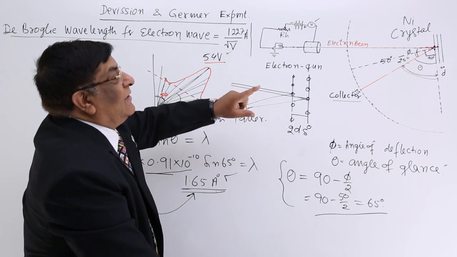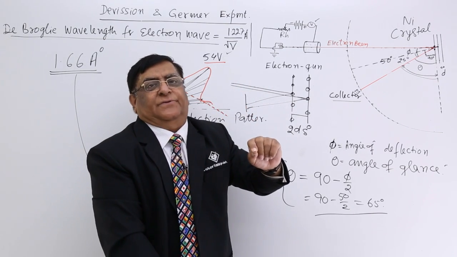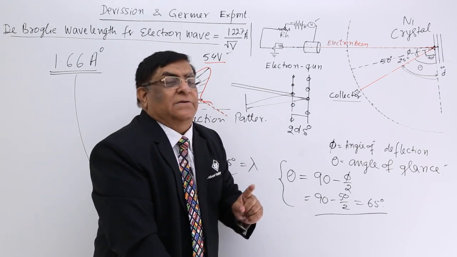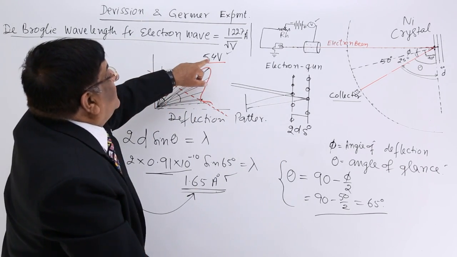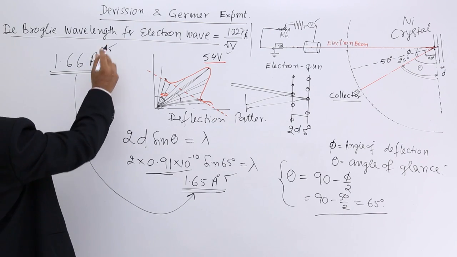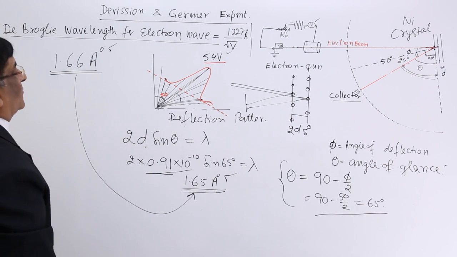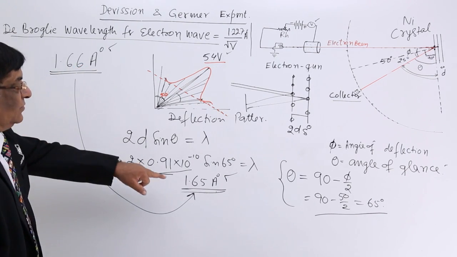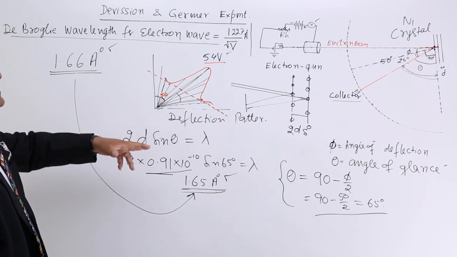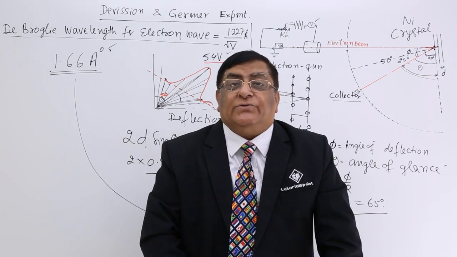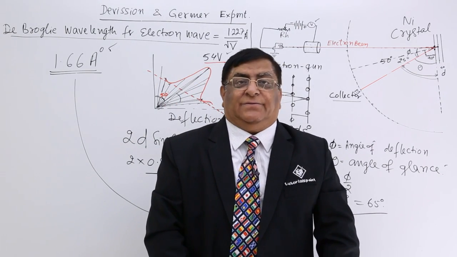This is the experiment. De-Broglie, only on the basis of his hypothesis, found that the wavelength of the electron at 54 volt should be 1.66 angstrom, and therefore we compared the two results. They are almost the same. That means De-Broglie's hypothesis was correct.